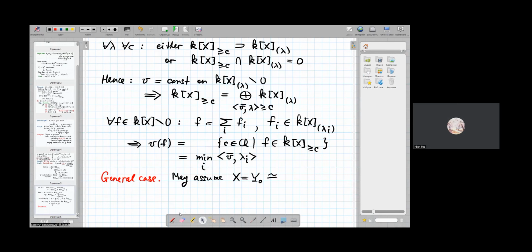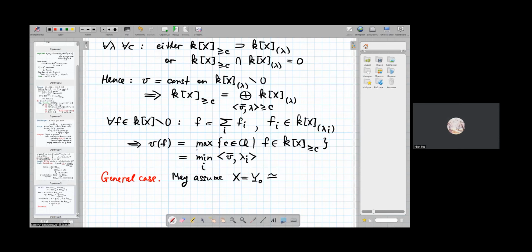This is what you just said, right? So when you increase C, your filtration subspace becomes smaller, and you want to trace the maximal possible value for which this filtration subspace still contains F. And this C will be exactly the value at F. Yes, you are right.